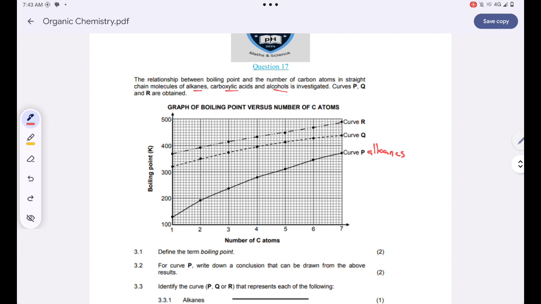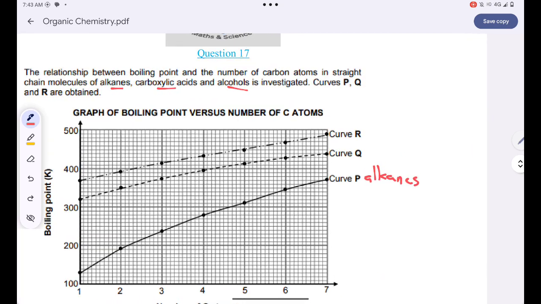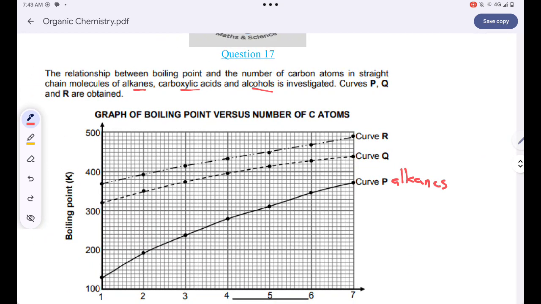So since carboxylic acid has stronger intermolecular forces, we can conclude that carboxylic acids have the highest boiling point. A carboxylic acid with only one carbon has a boiling point higher than that of the alcohol and that of the alkane.